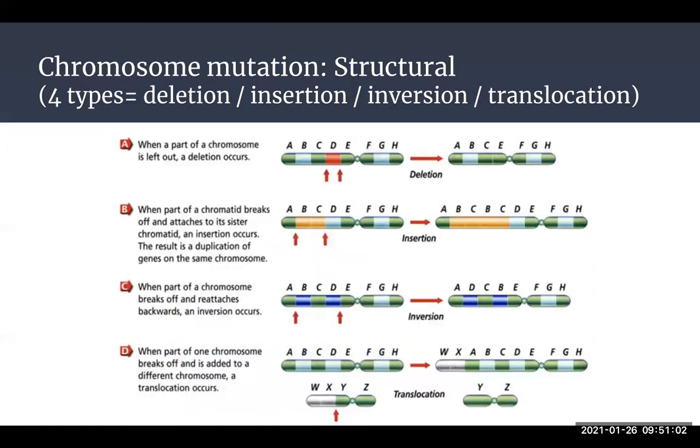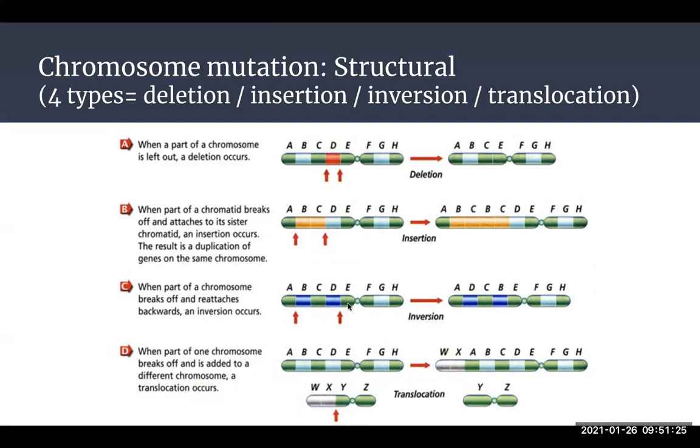And you also have structural. Now, structural mutation in chromosomes, there are different ways that it can happen. You either delete a whole section of a chromosome, just like this one right here, or you insert a whole section. This can be a duplication of a particular section.